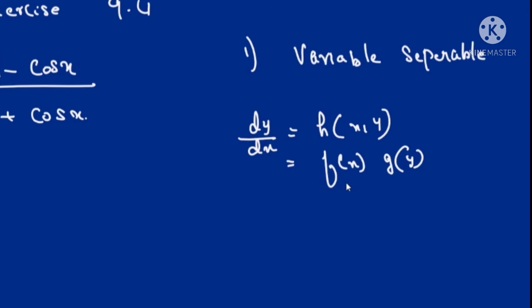When you can separate the variables, that is, you keep dy here, bring this function g of y here, and f of x into dx. So all the y variables to one side and x to the other side. This is called variable separable. That means we are separating the variables.